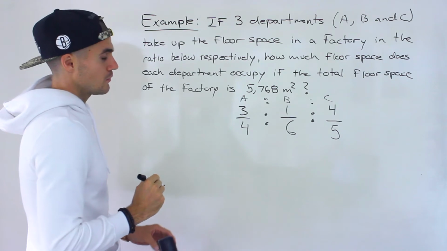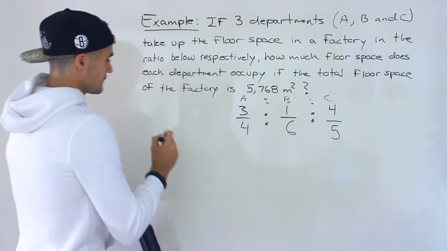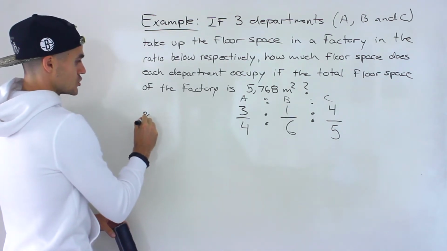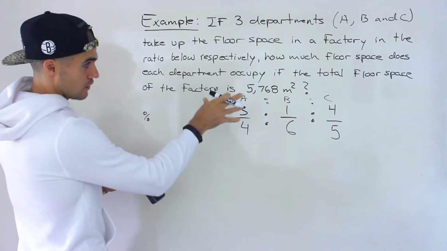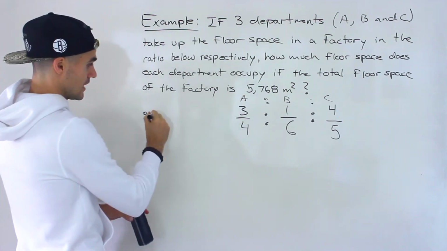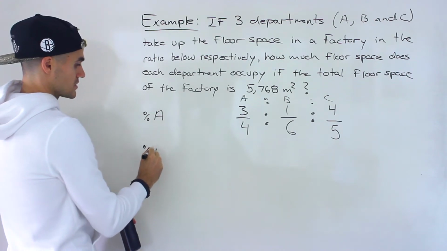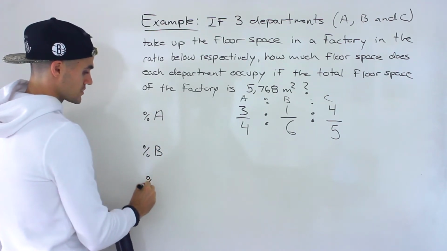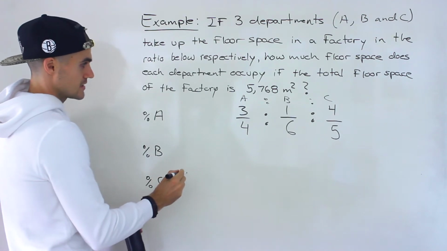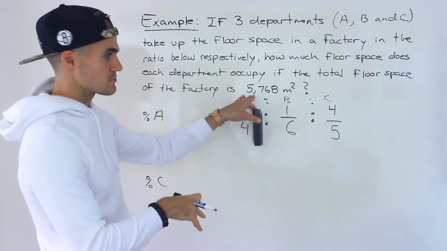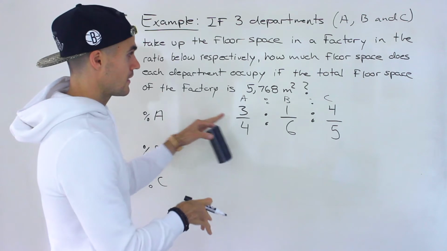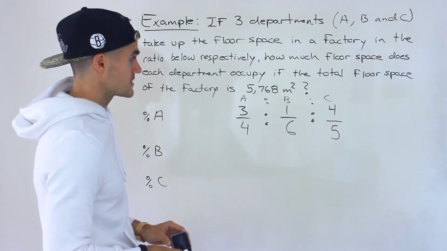So what we want to do here is figure out what percentage of the factory space does department A take up, what percentage does department B take up, and then what percentage does department C take up. And then once we have the percentages, we could just multiply it by that and then get those respective spaces.